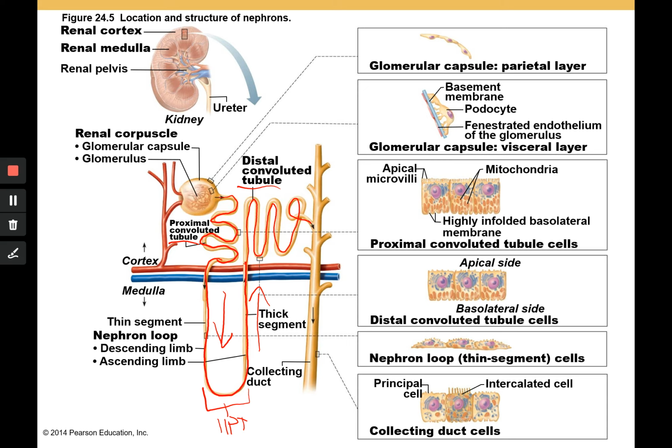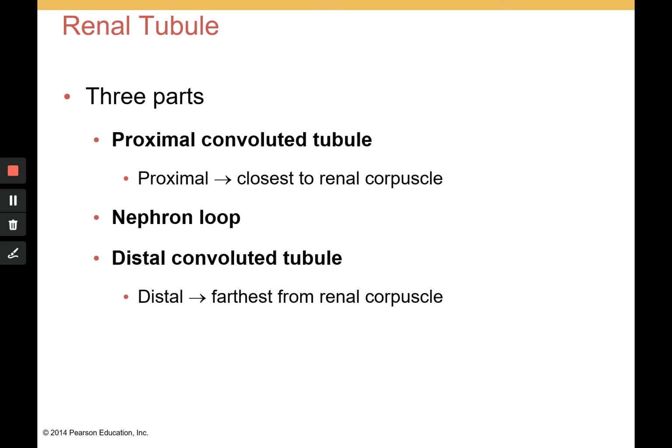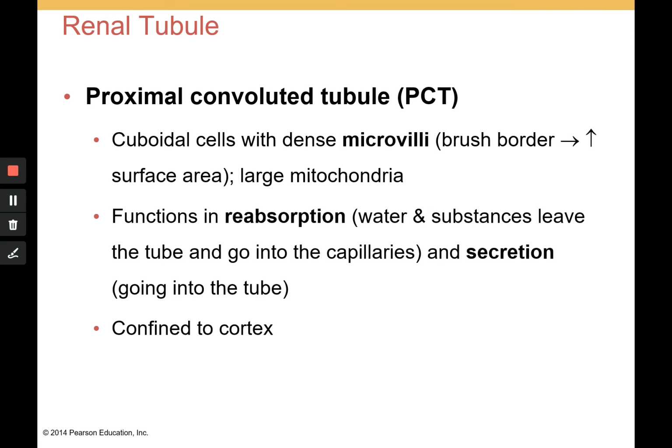That's supposed to be an H. We'll just move on. All right, so renal tubule system, three parts: proximal convoluted tubule, nephron loop, and distal convoluted tubule. You can abbreviate the proximal convoluted tubule as the PCT, the distal convoluted tubule as the DCT, and then know that the nephron loop is also known as the loop of Henle. Henle being spelled Henle with a capital H.